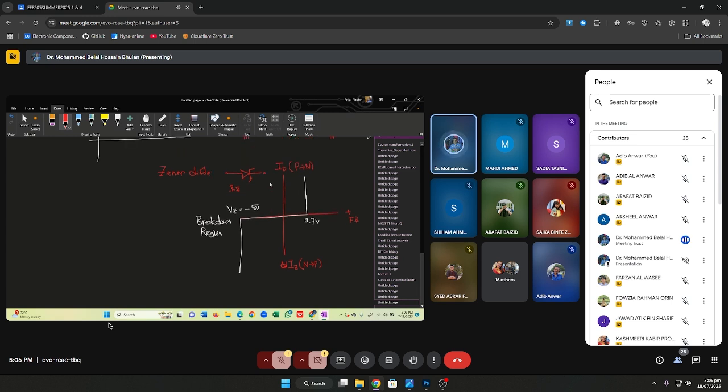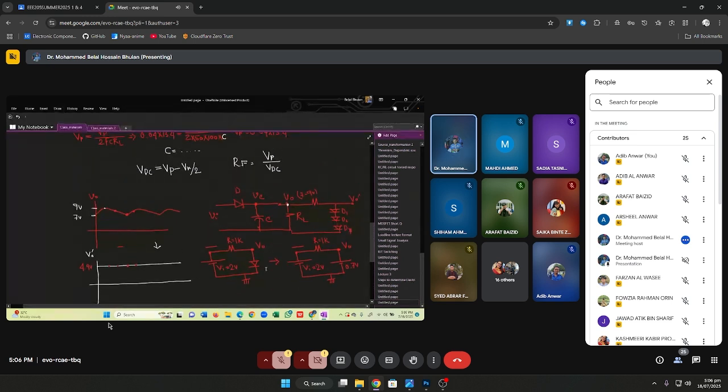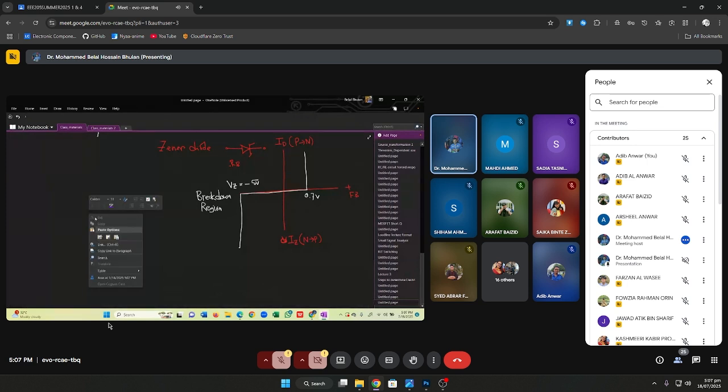For example, if you have a circuit like this, let's say we have the Zener diode.